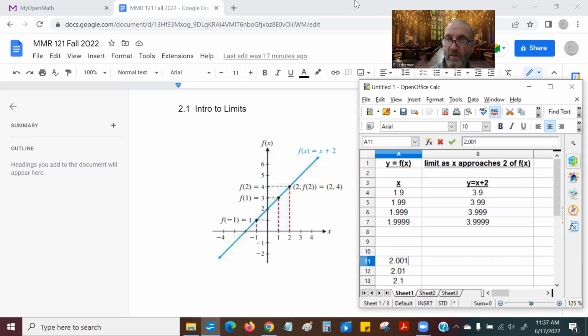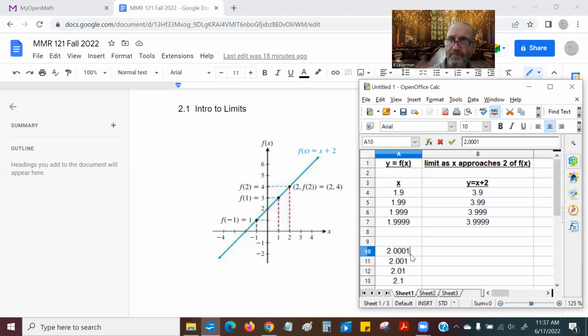See, what I'm doing here is first the x value was getting closer and closer to 2 from the lower side. Now the x value is going to get closer and closer to 2 from the upper side, the higher side, because 2.1 is pretty close to 2, 2.01 is a lot closer, 2.001 is a lot closer, and 2.0001 is also a whole lot closer.